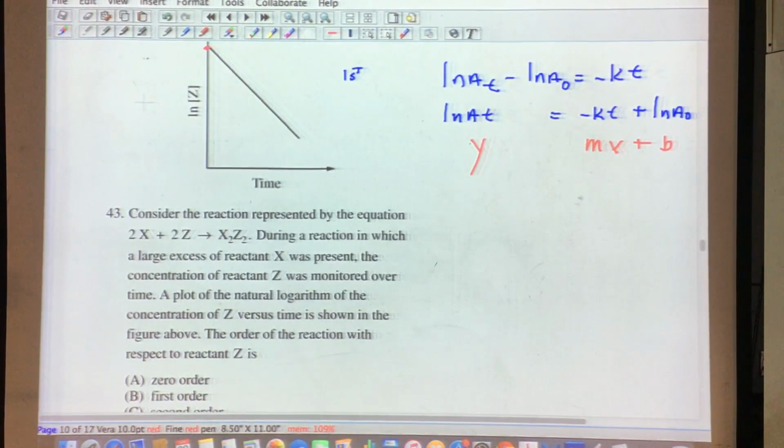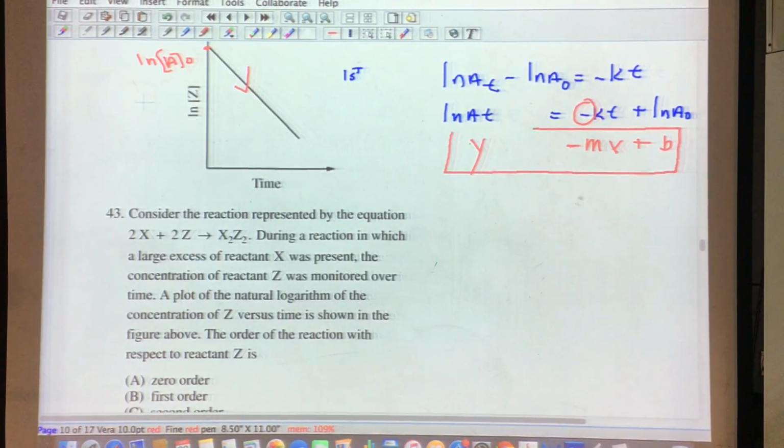This right here is the ln of A at some initial concentration, and any point along this line is some ln of A at some time period. Notice the slope is what? Negative, it's going down. Notice it's a what? Straight line. In your reference table, this is the first one they give you. That's why choice B is the answer, first order.